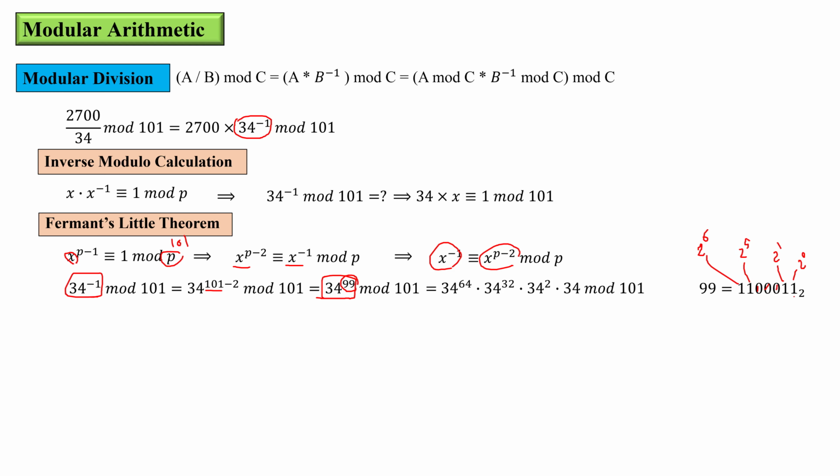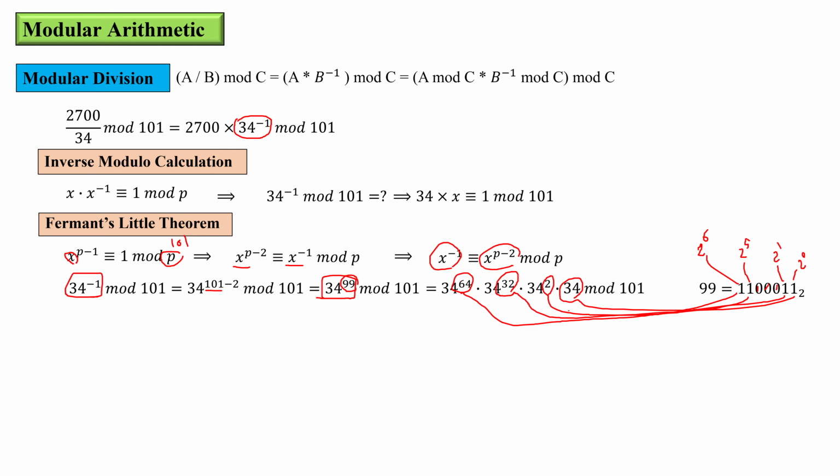You will have 1 here, so it would be 34, and then you have 1 here, so it should be 34 to the power of 2. So here it should be to the power of 2 to the power of 5, which is 32, and then here 64.